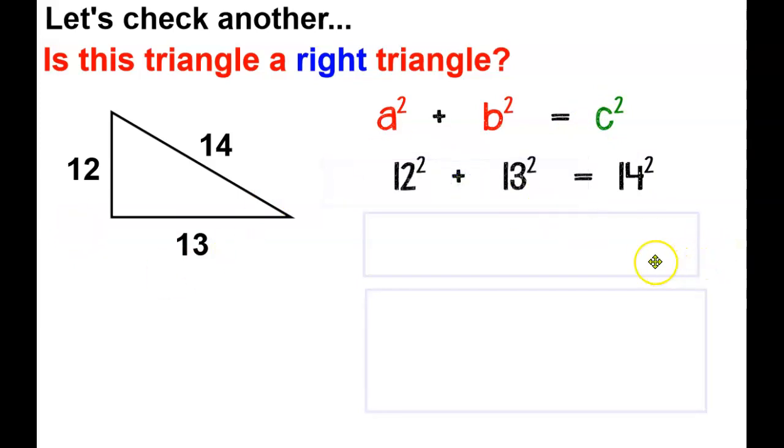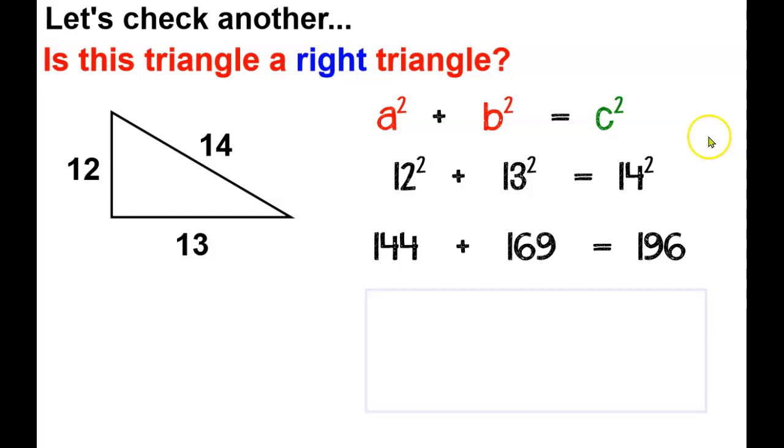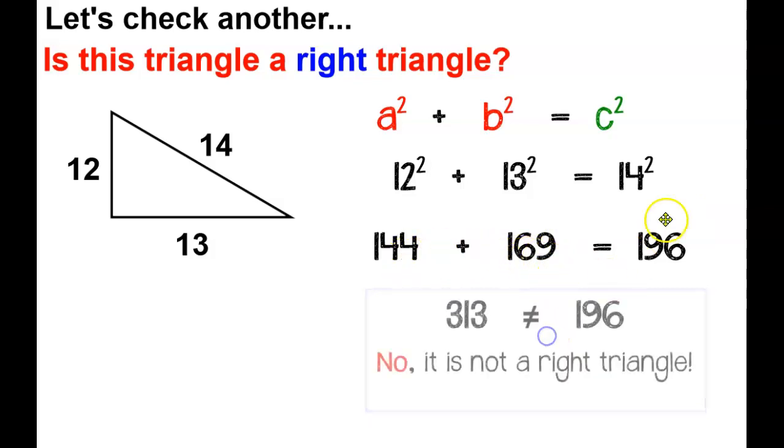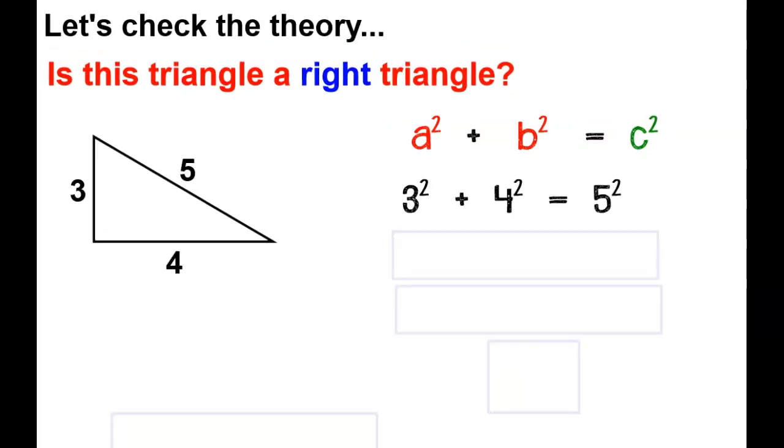Get your calculator out and square these numbers, unless you have them memorized. 12 squared is 144, 13 squared is 169, and 14 squared is 196. When I add 144 plus 169, I actually get 313, and that's not equal to 196, so no, it's not a right triangle.